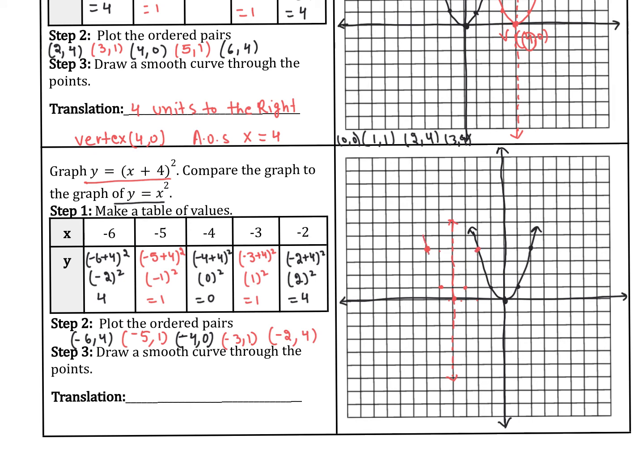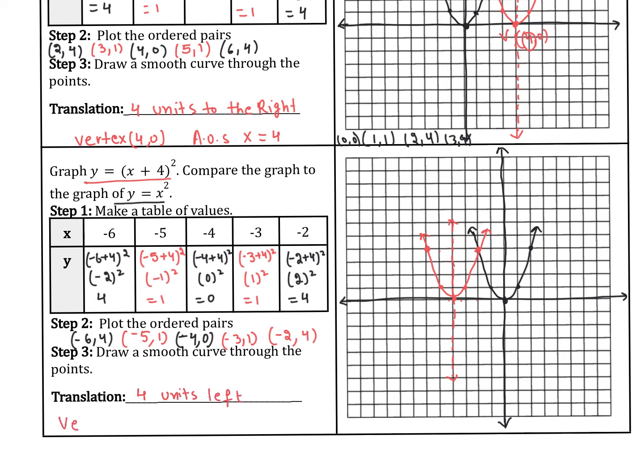Or I can just simply use my points that are right here and plot all these 5 points to get my graph that is moved from the center 0, 0 to 4 units to the left. So that's the translation, 4 units left.